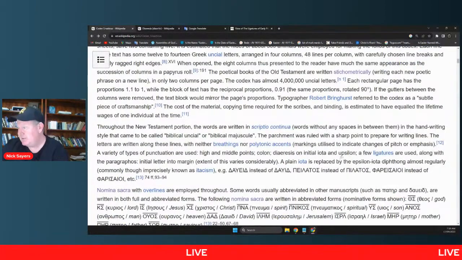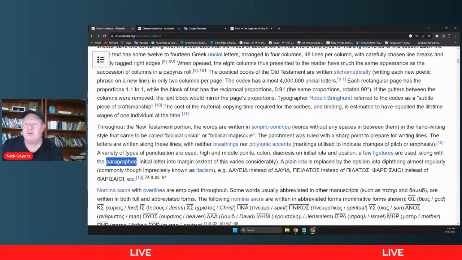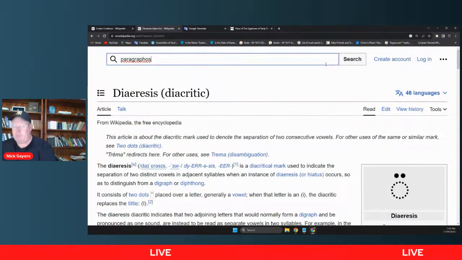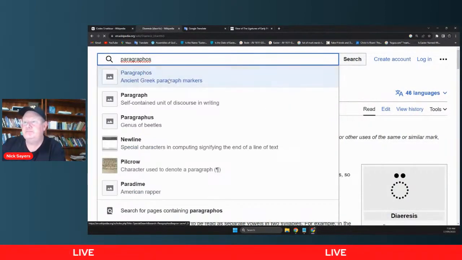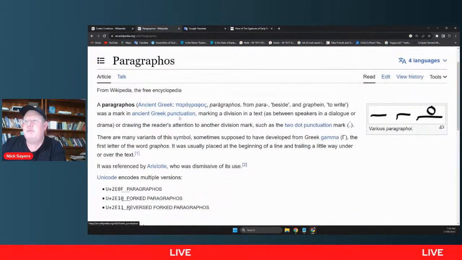But let's just continue. It says a few ligatures are used along with paragraphos. So let's look up paragraphos. I'll just keep this open and search here. Paragraphos, ancient paragraph markings. A paragraphos, from ancient Greek paragraphos, from para, meaning beside, like a parable, and graphein, to write.